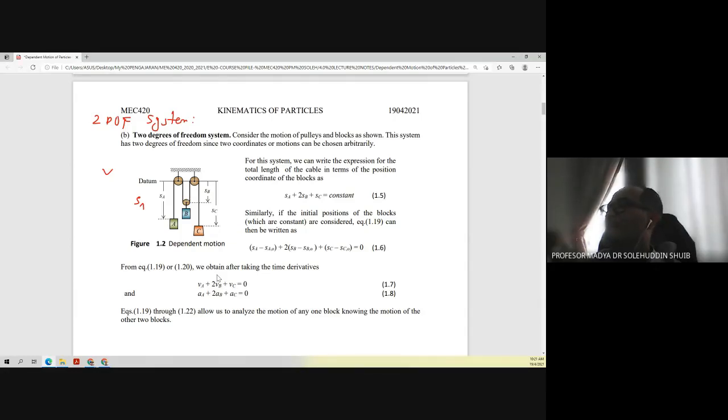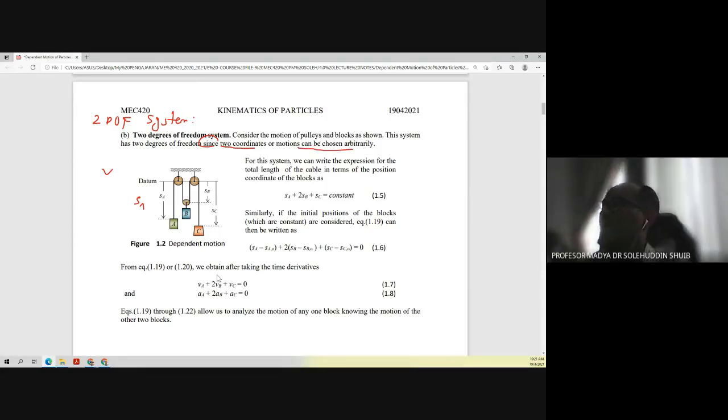So we have here a 2-degree system with two coordinates. Two coordinates of motion can be chosen arbitrarily.